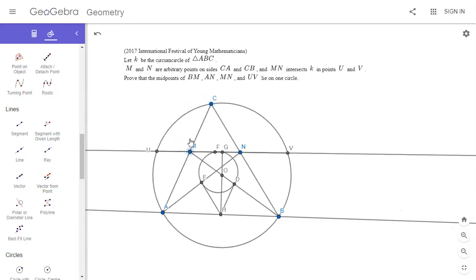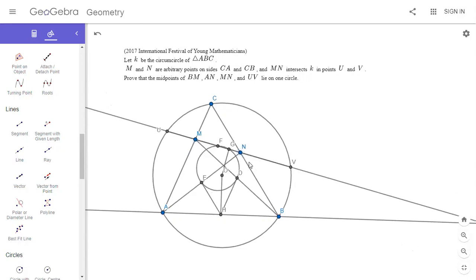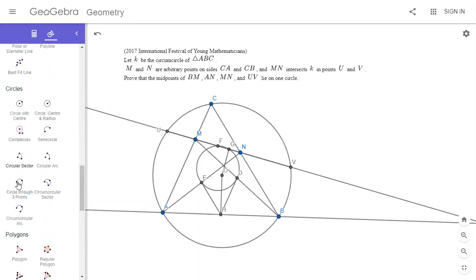Yeah, there's a lot of flexibility here. M and N can be any points. Let me do this.